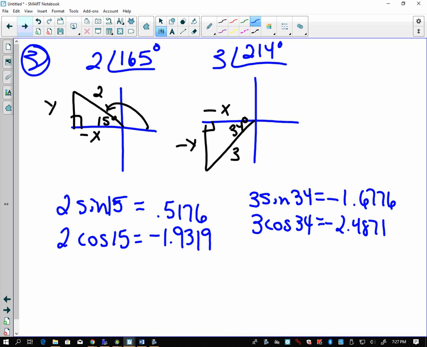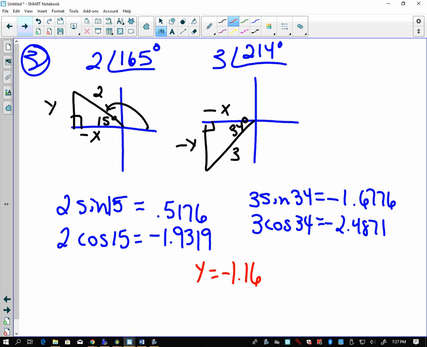Okay, let's double check our brothers. 2 sine 15, 0.5176. 2 cosine 15, negative 1.9319. Yep, all that looks good. Okay, now 0.5176 plus negative 1.6776 should give me a y value of negative 1.16.